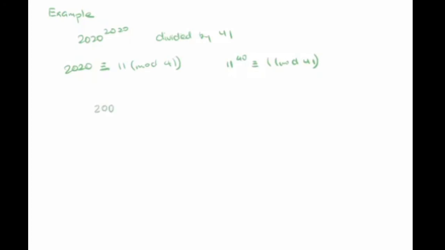So then this is congruent to 11 to the 2020. And we can split this into 11 to the 20 times 11 to the 2000.